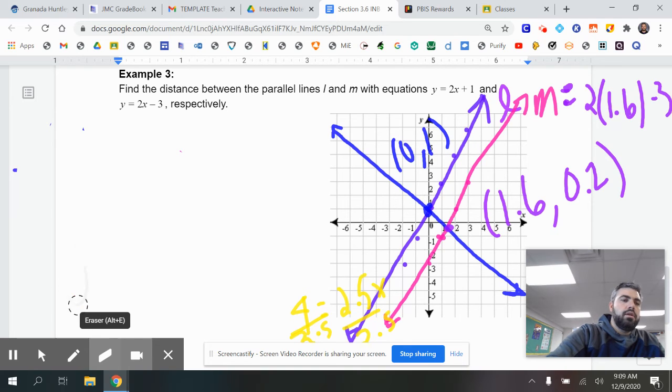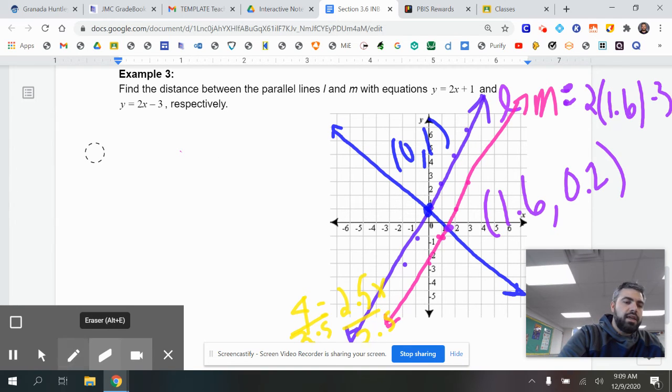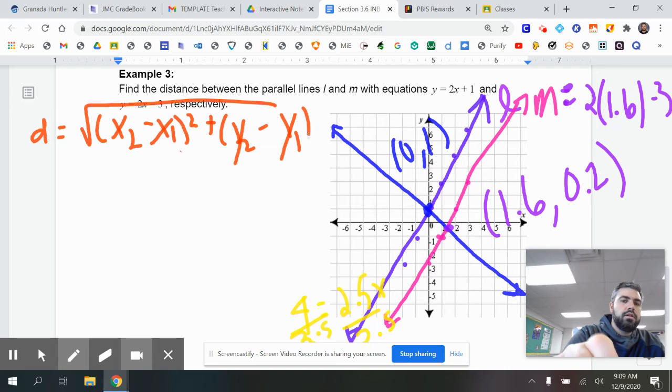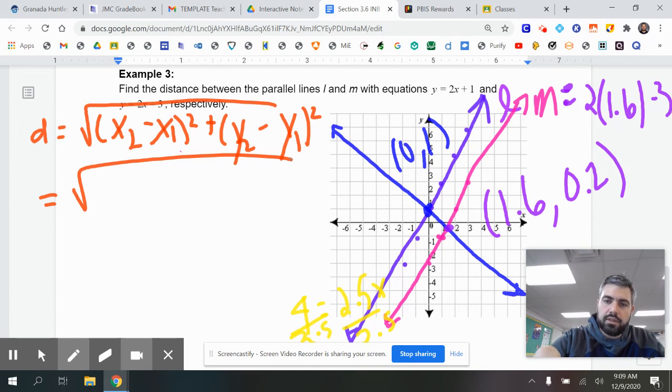So again, the distance formula, in case we've forgotten, is the square root of x2 minus x1 squared plus y2 minus y1 squared. Okay, and let's call this x1 and y1 and x2 and y2.